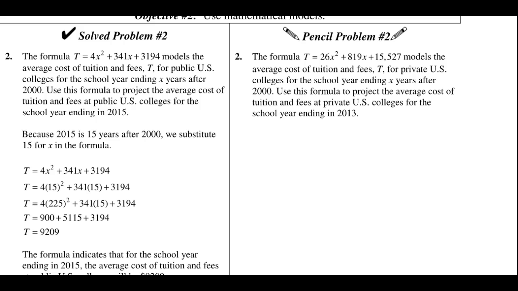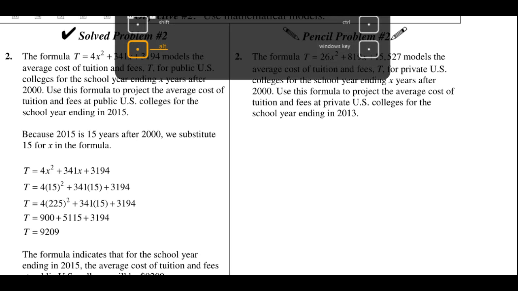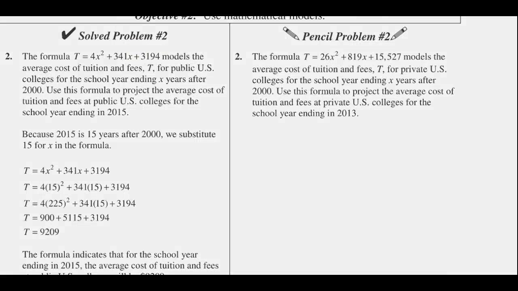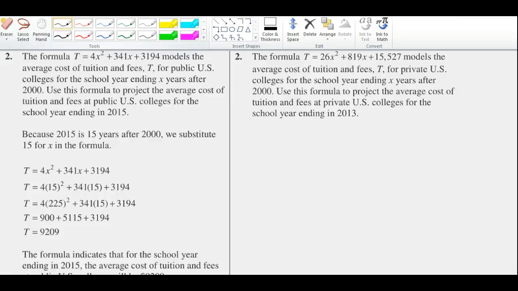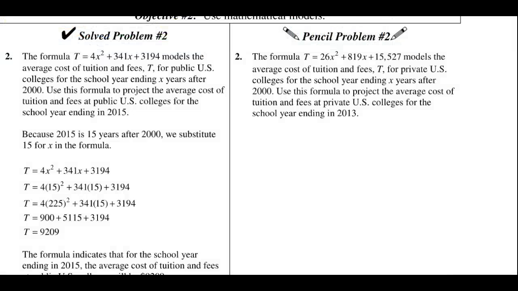Remember, X is the years after 2000, so we're just going to plug in the number 13, not the number 2013. If you plug in 2013, you're going to get something that's way too big. Sorry, I didn't mean to click that. Okay, so we have our formula and we want to plug in 13.